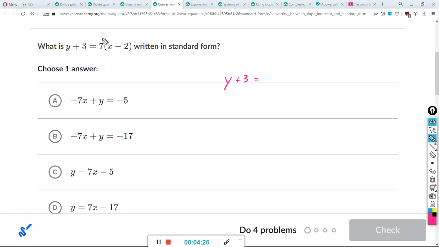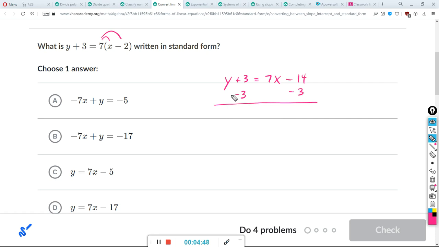Distribute here on the right. 7 times x. 7 times negative 2. And subtract, oh wait. Yeah, subtract 3 on both. Because we want the numbers on the right.